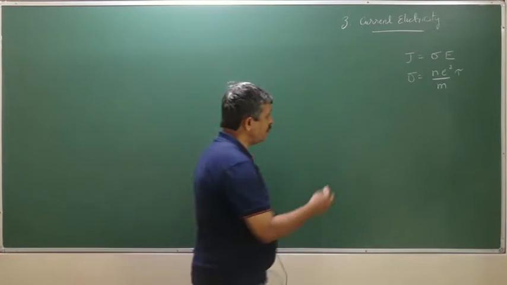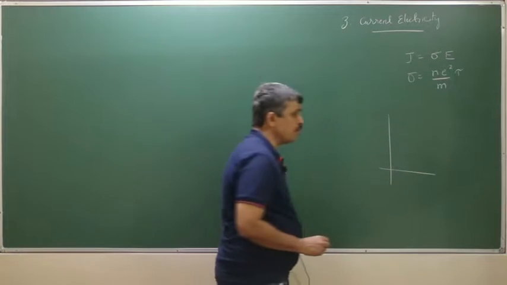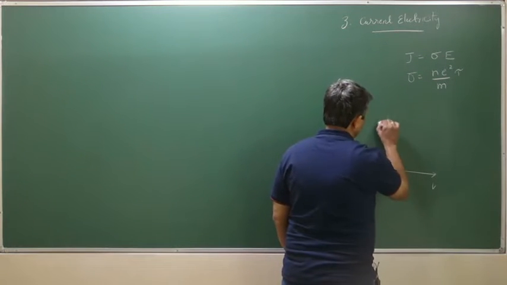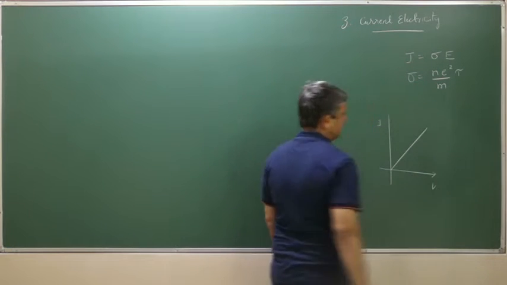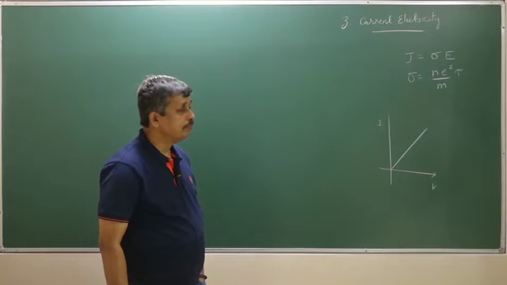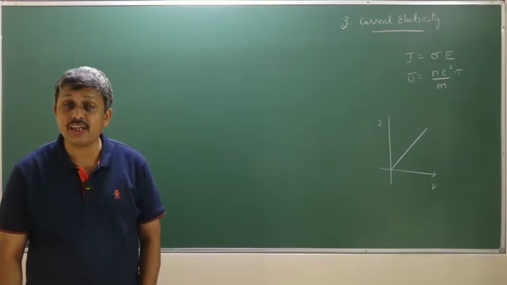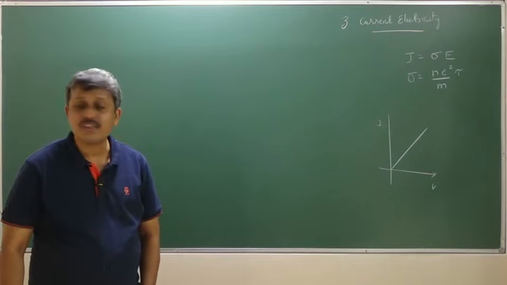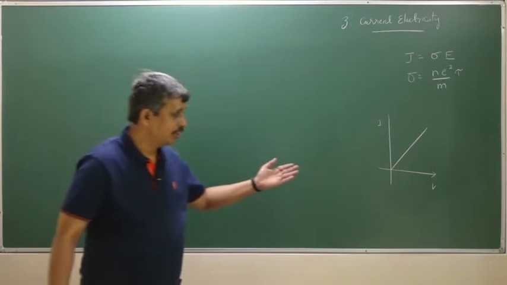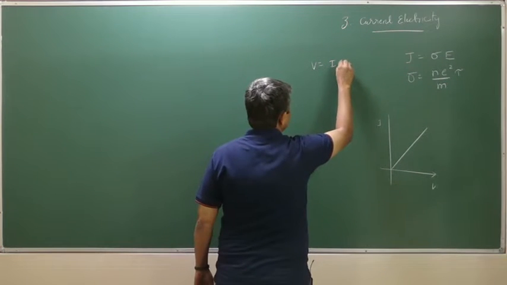Ohm's law. One of them is, whenever you talk about V versus I, if you plot, this is V and this is I, it should basically come something like this. If it comes like this, then J is equal to sigma E, or J versus E if you plot, then we can say that it obeys Ohm's law, because it is a straight line. It's like saying that V is equal to IR plus 0.